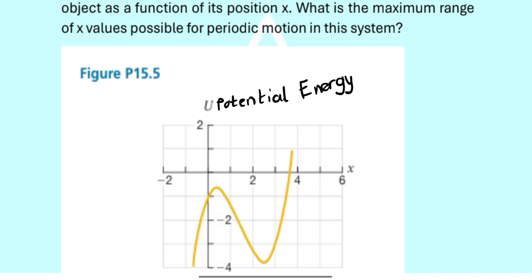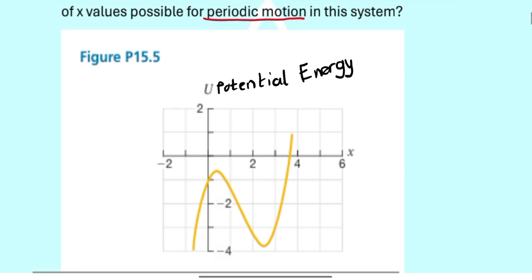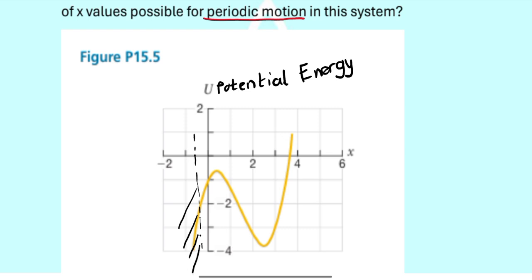So we go back to the definition of periodic motion. What is periodic motion? Periodic motion is the motion which repeats itself. If we look at this object at x equals 0.5, on this side the object's potential energy decreases whenever these x values become more negative.